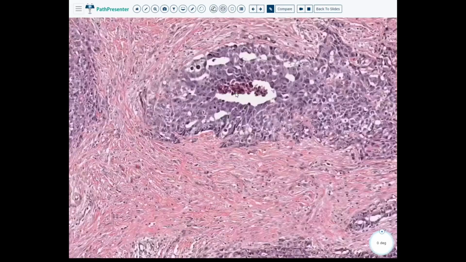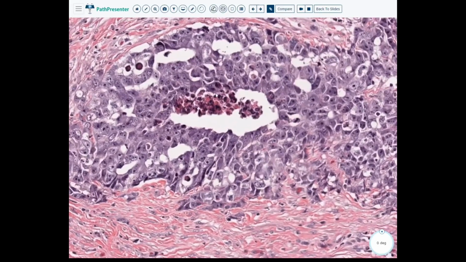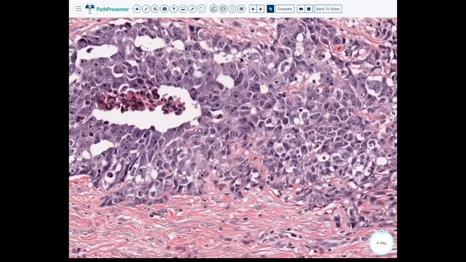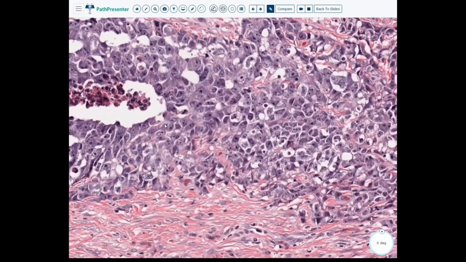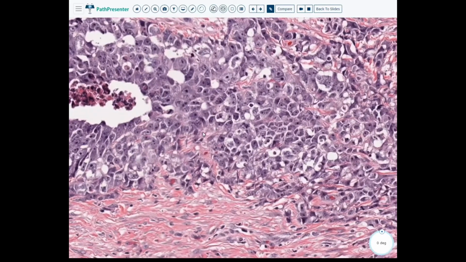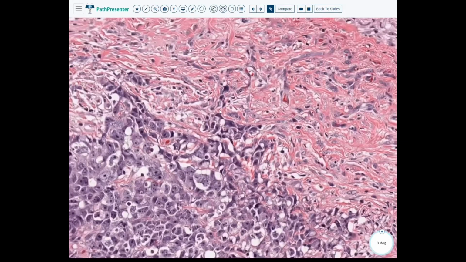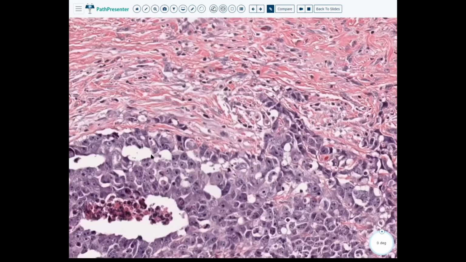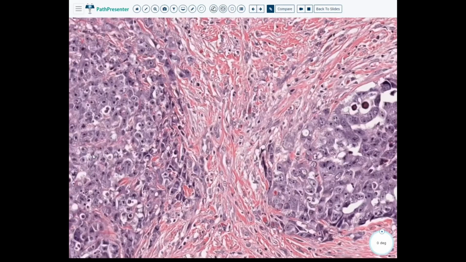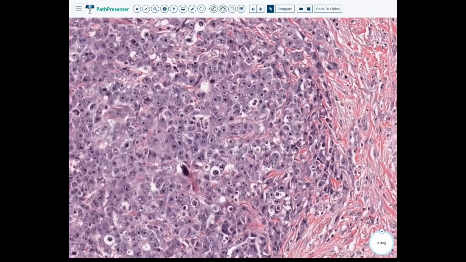And a solid proliferation. Here we're seeing a lot of necrosis. There's also no real configuration. It kind of just looks like it's percolating through everything. Whereas again, your seminoma was really well circumscribed, had those fibrous bands.